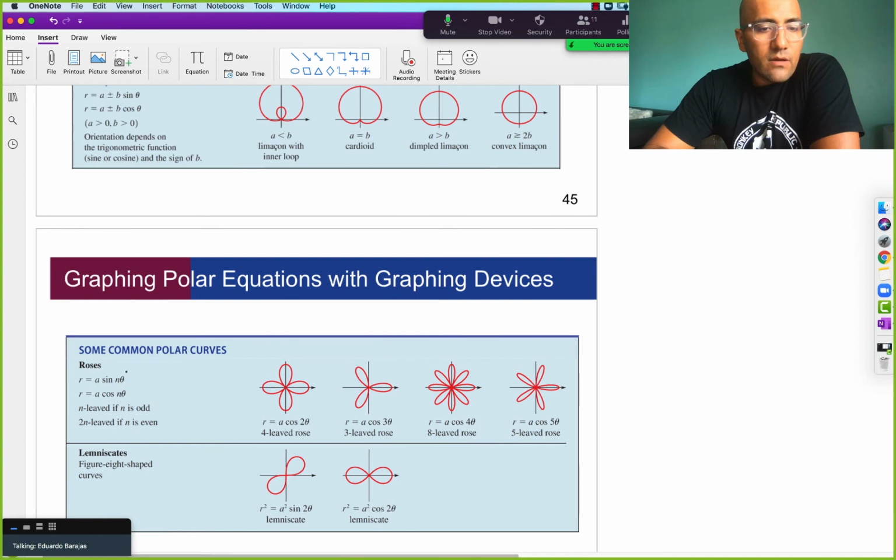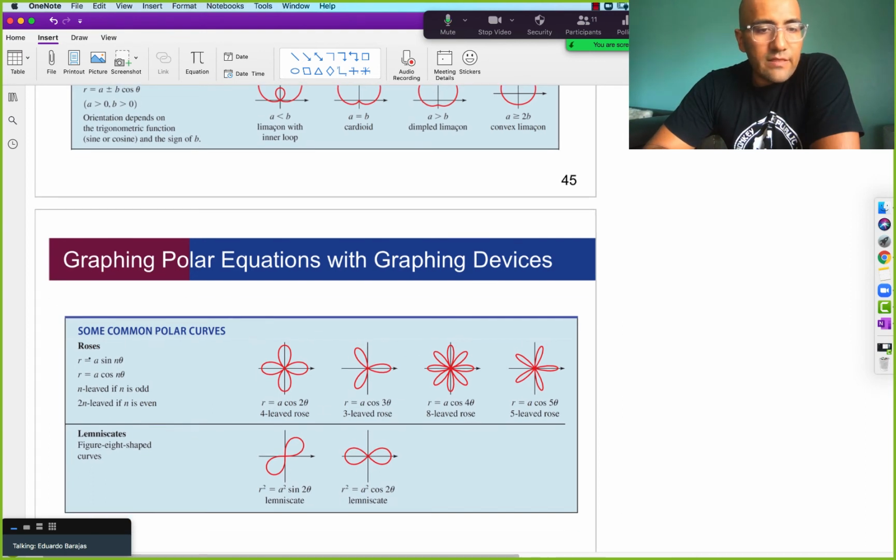Okay, and then we had roses, so an n-leaf rose, or 2n-leaf rose, right? So different equations, but they fit the form r equals a sine n theta, or r equals a cosine n theta. And then we just get different kinds of roses. The number of rose petals depends on the constant value n.